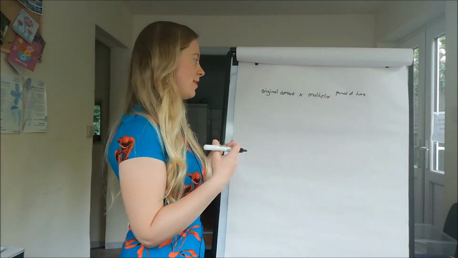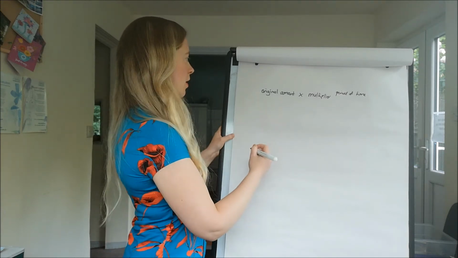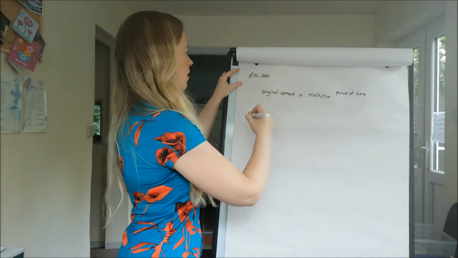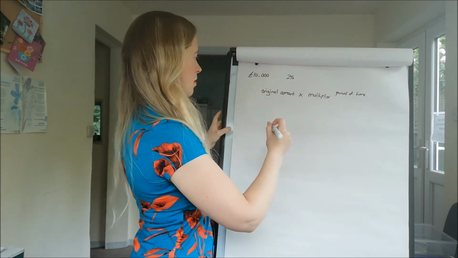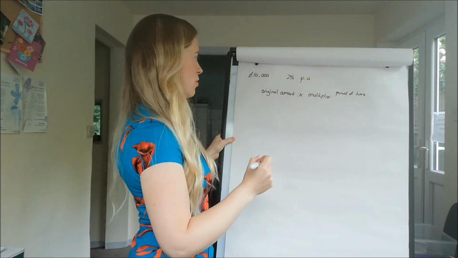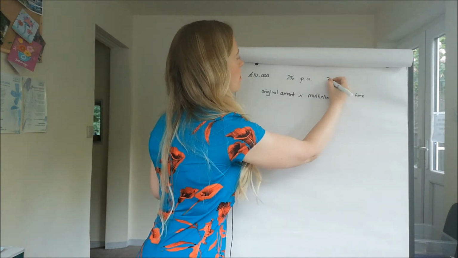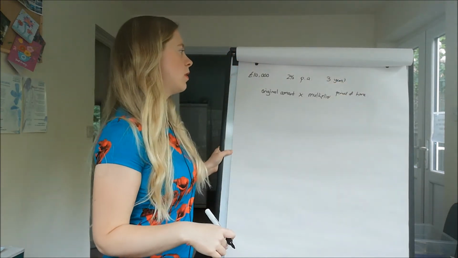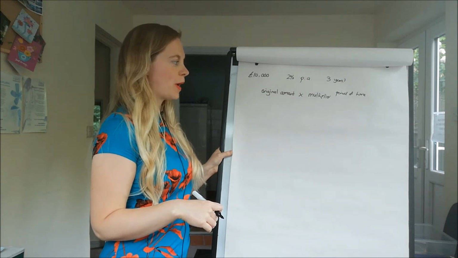So I invest £10,000 into a bank that pays 2% compound interest per annum. How much will I have after 3 years?